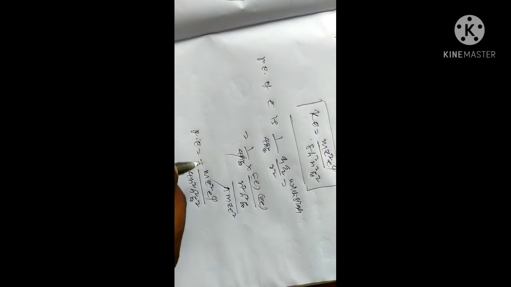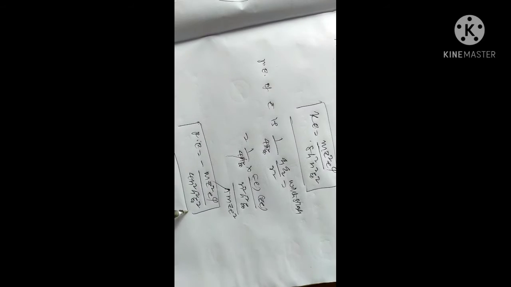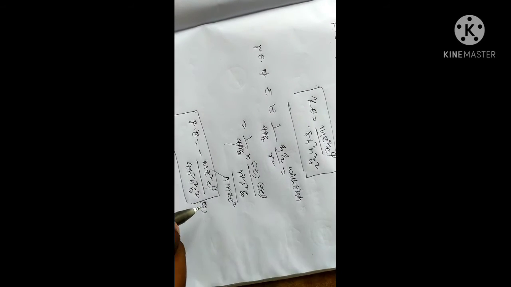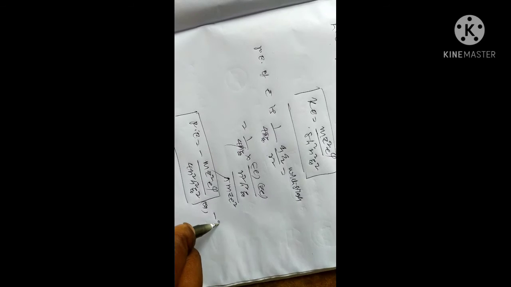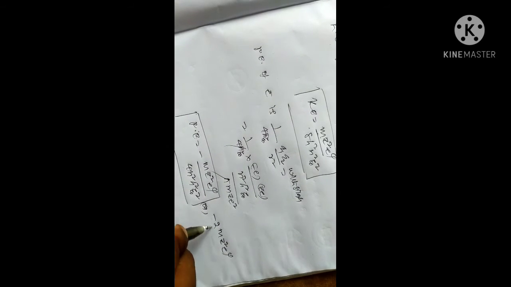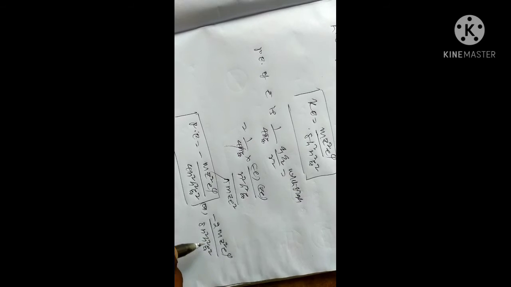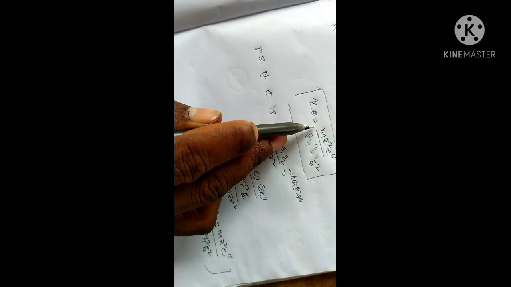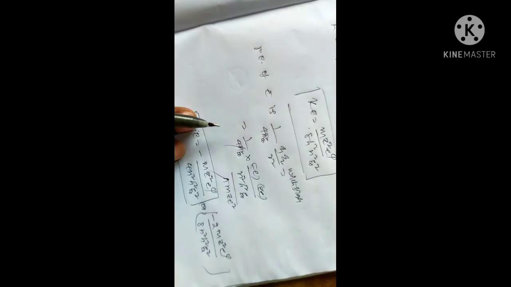It can also be written by multiplying and dividing by 2: minus 2 m Z square e to the power of 4 divided by 8 n square h square epsilon naught square.